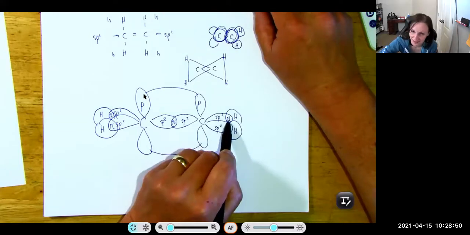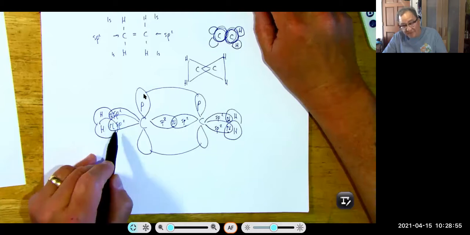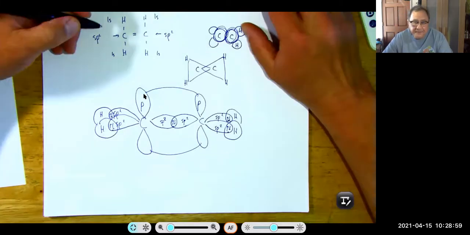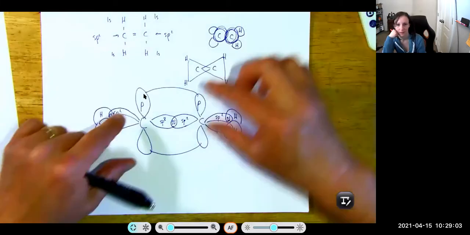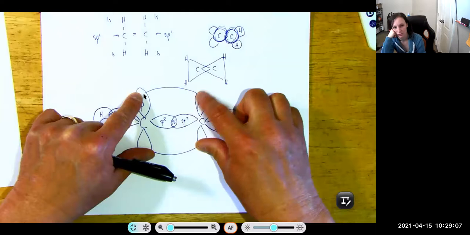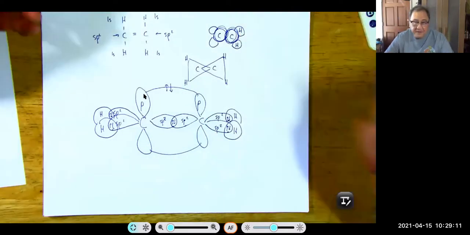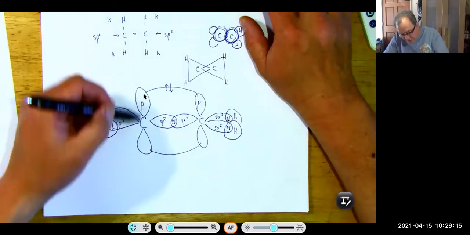How many here? 2. How many here? 2. How many electrons in an overlap? 2. So there's my 2. Where are these 2 electrons? They're somewhere in this circle.